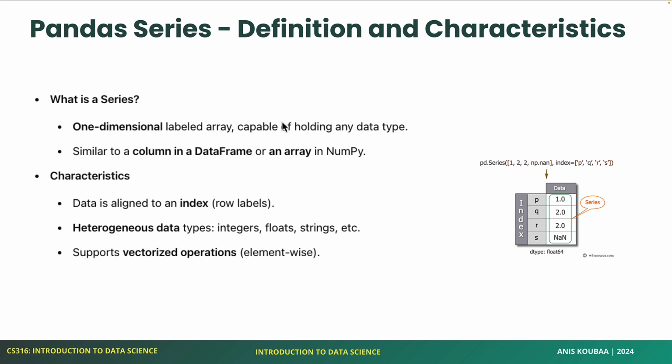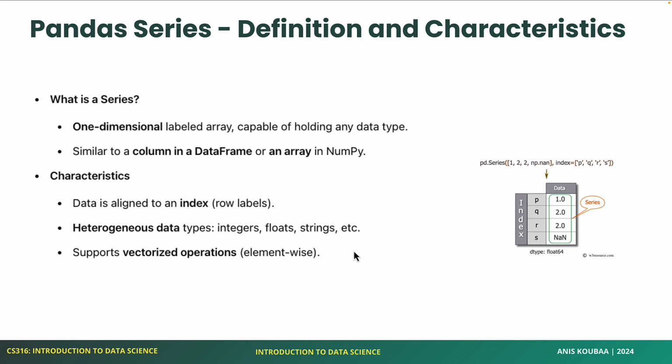Of course, we're going to cover NumPy later on, but basically it's a one-dimensional vector where you can store data. It has an index, so you can specify an index, and the index can be row labels, A, B, C, D, for example. It can support heterogeneous types of data, so you can store integers, floats, strings, or even objects.